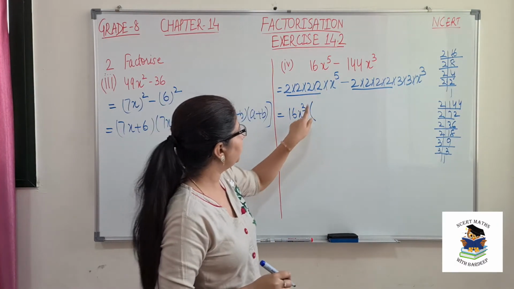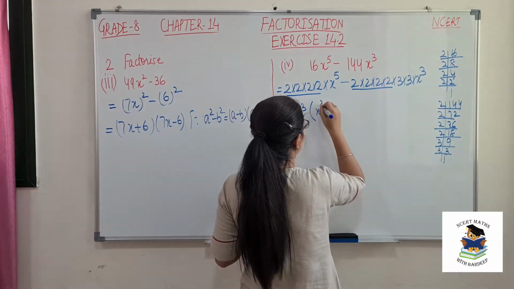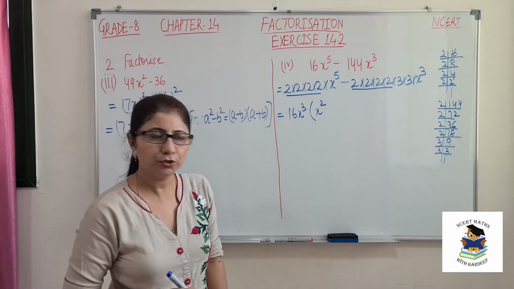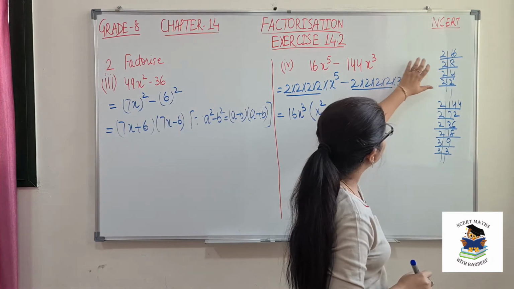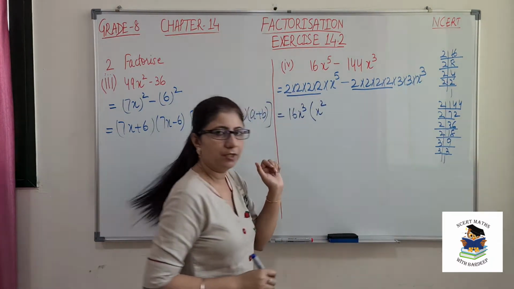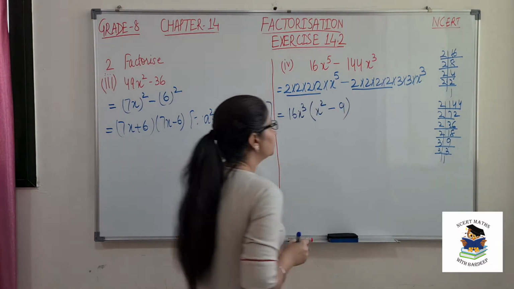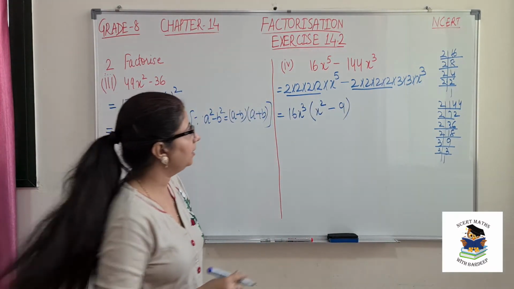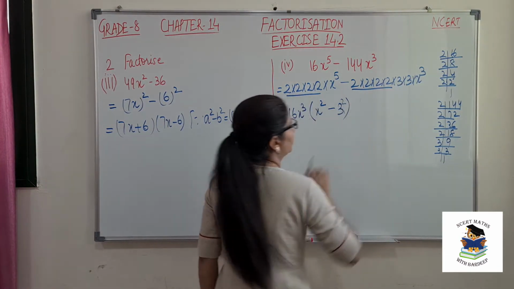Out of 5, 3 we have already taken, so what is left inside? Only x raised to power 2. 3 into 3 is left, and x cube also we have taken outside as common factor. So we are left with x square minus 9, or you can write this as 3 square.